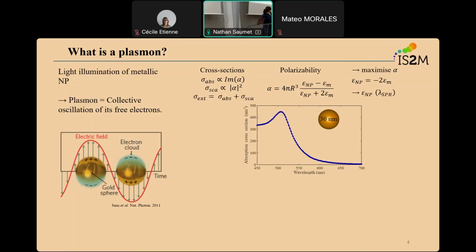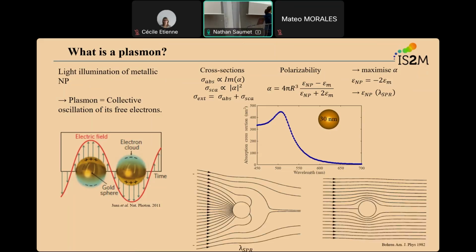And basically, if we look at the absorption cross-section of a gold nanoparticle, so here it's a sphere inside here, we have a resonance here, which is this peak at around 532 nanometers. So this is the plasmon resonance. At this wavelength, the conduction electrons of the metal are oscillating at their maximum. So what does it mean?